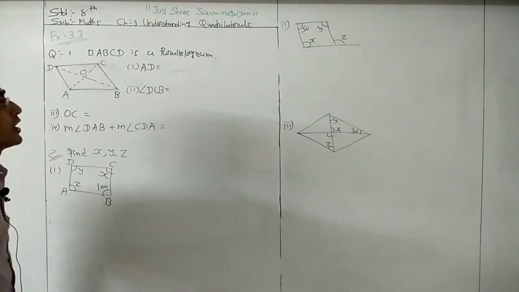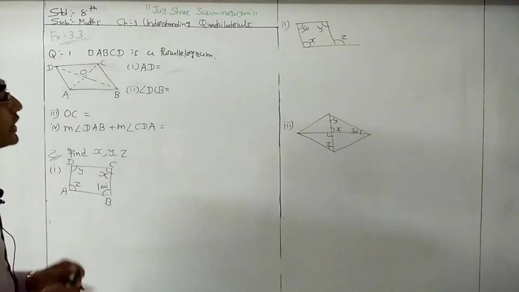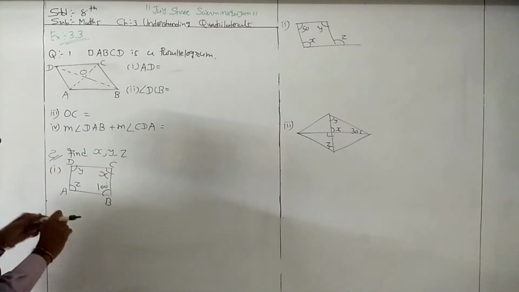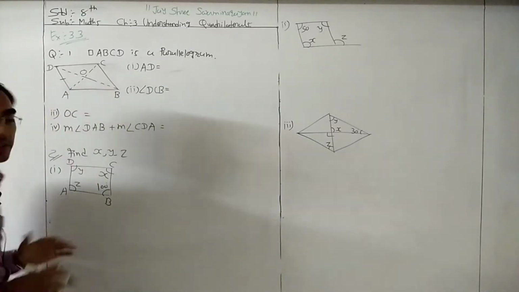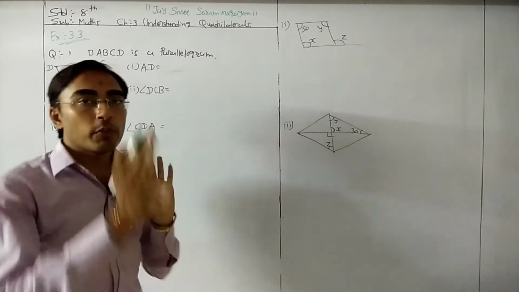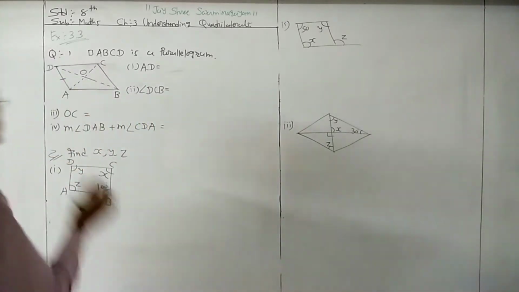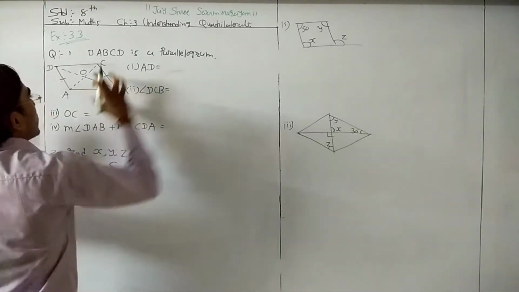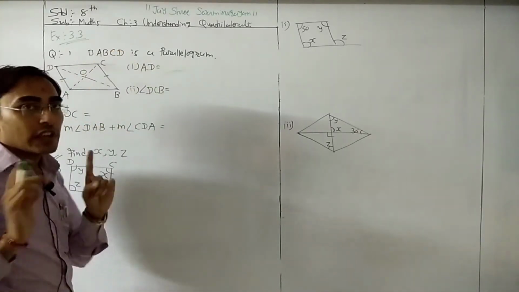So here, first of all, AD is equal to, this is one question for us. AD, that means this side, is equal to. Now in a parallelogram, we know that opposite sides are equal. So AD and the opposite side BC are both equal. These two opposite sides are equal and parallel.